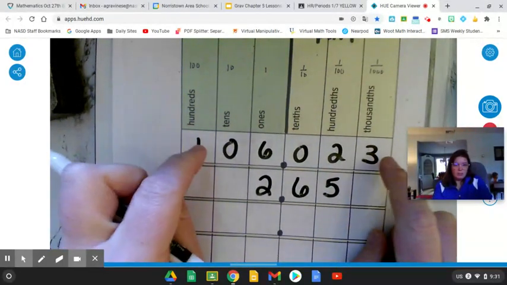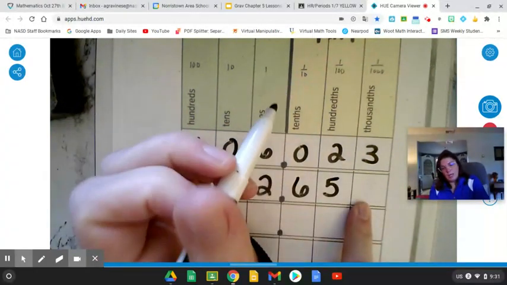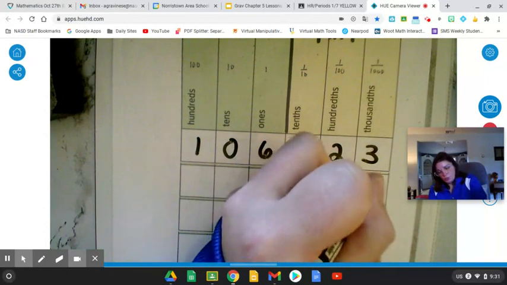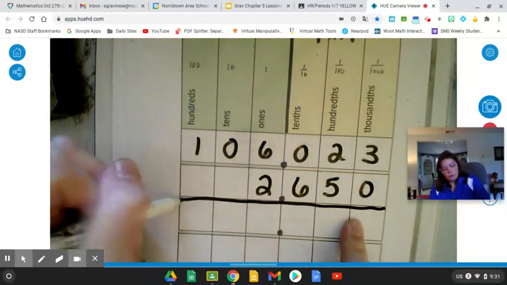You can see that the digits really don't all line up to one side. I'm going to annex a 0 to show that there are no thousandths in my second number, and then I'm going to add them.